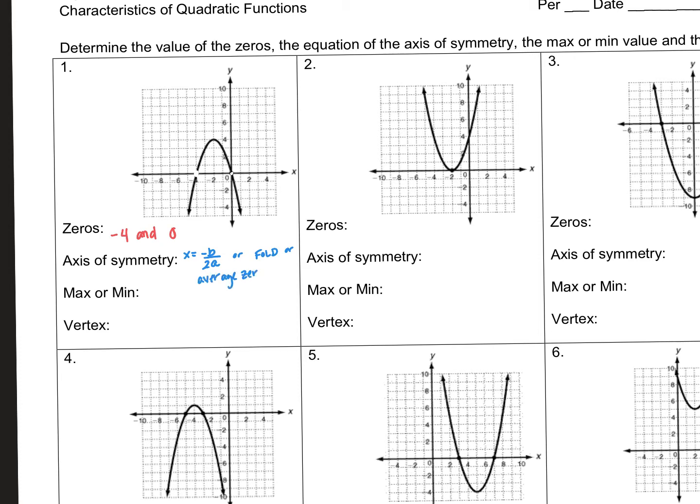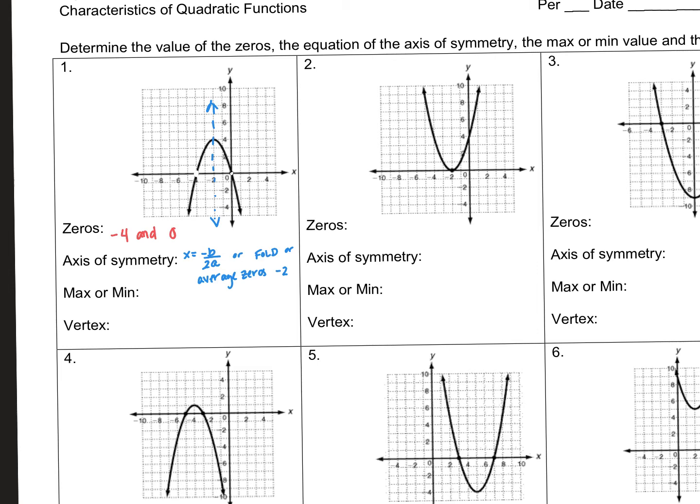So here, since we already found the zeros, it might just be quicker and easier to add the -4 and 0 to get -4 and divide by 2, which is -2. Or like I said, we can look at the crease line. The axis of symmetry is at -2.